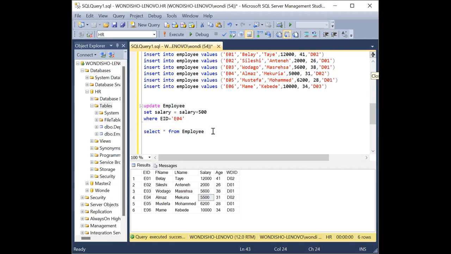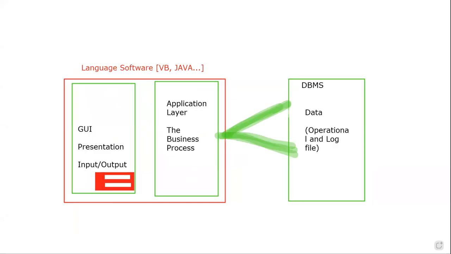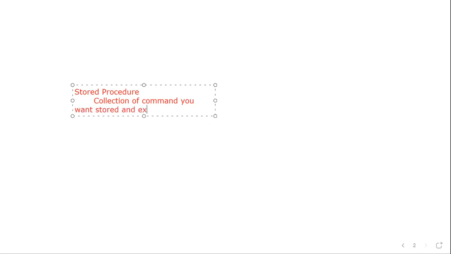Okay, we are going to see a trigger today, but first, a stored procedure in database management is a collection of commands, stored and executed whenever the user wants it.